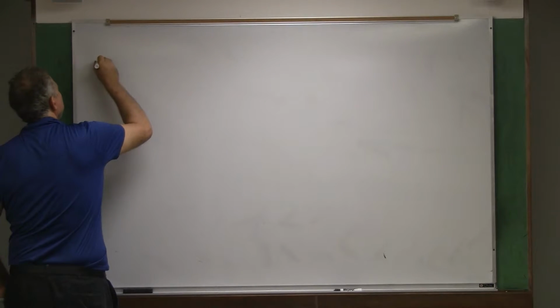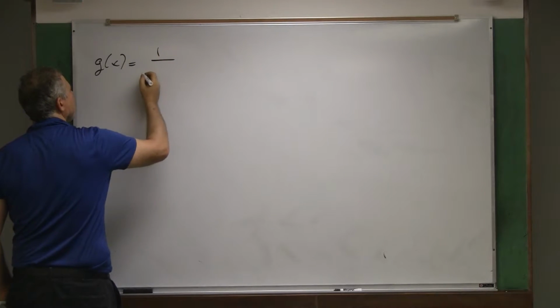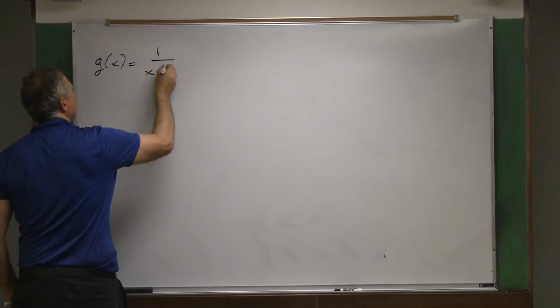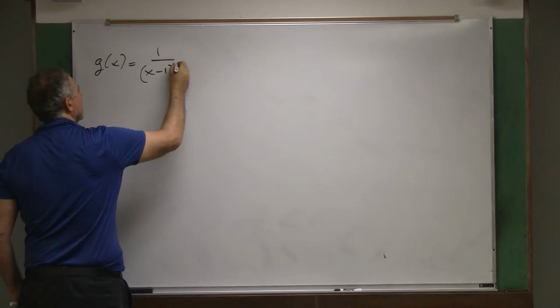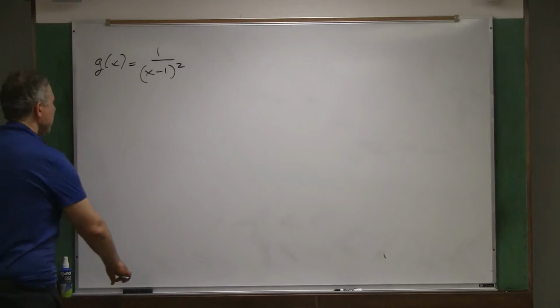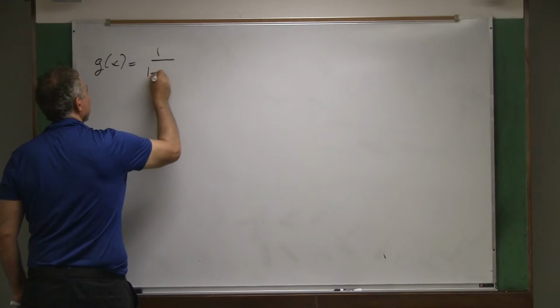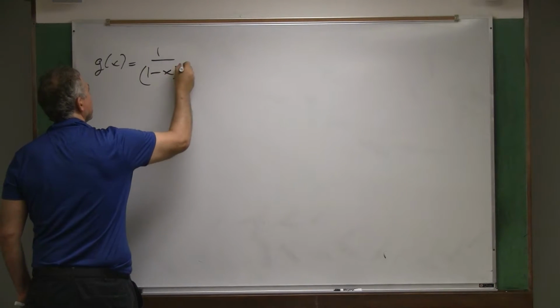Let's look at the function g of x as 1 over x minus 1 squared. Let's try that. Actually, I think I want 1 minus x squared. Maybe I want x minus 1 squared. Yeah, let's do 1 minus x squared. Let's try that.